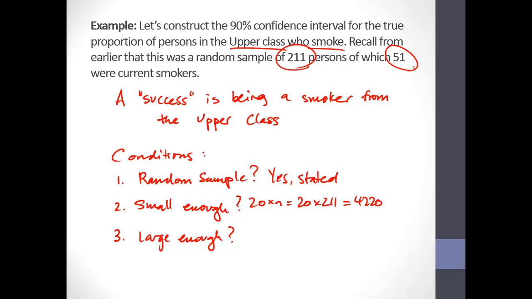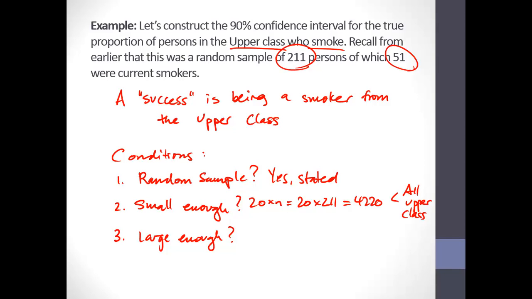Yes, exactly, people in the upper class. So how does 4,220 compare to all people in the upper class? Much less, right? So less than all people who are in the upper class. Good to go there.